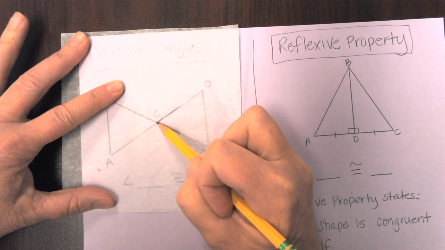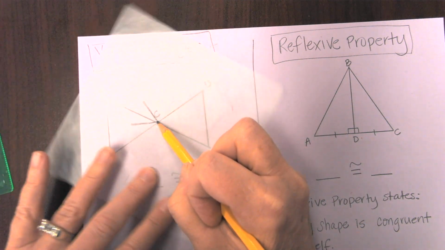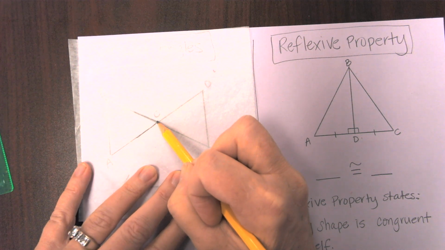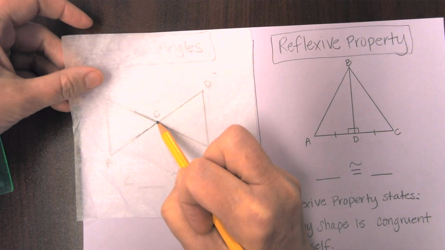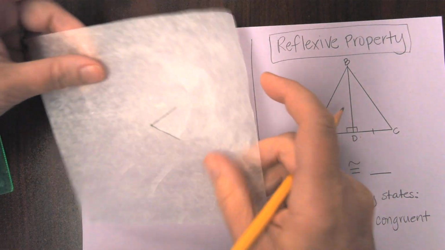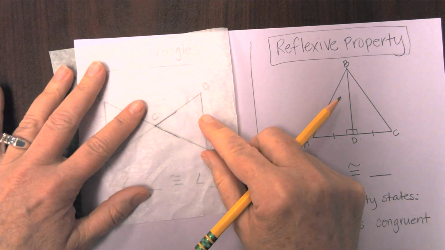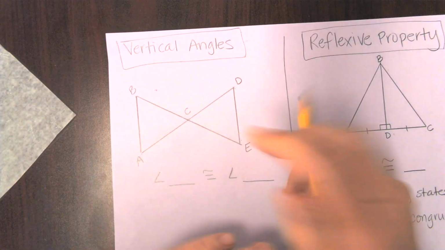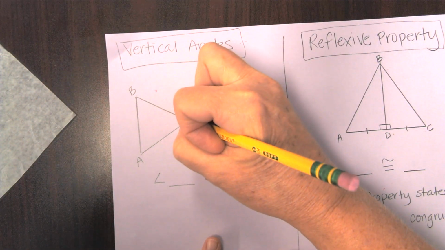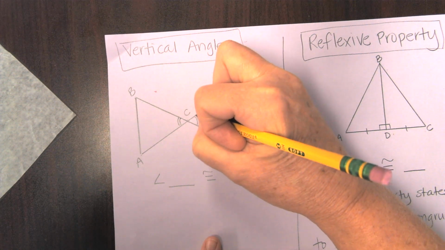So our two angles are congruent because I can map them to each other. That's a rotation, and I can also do a reflection. If I pick it up and flip it, it also maps. So these are vertical angles, and I can say that they are congruent to each other.